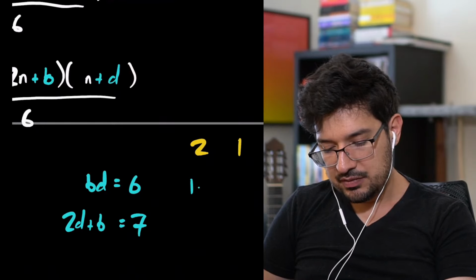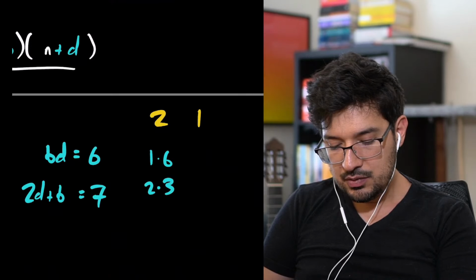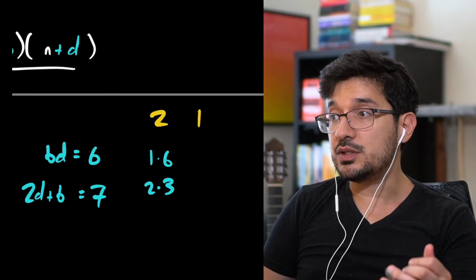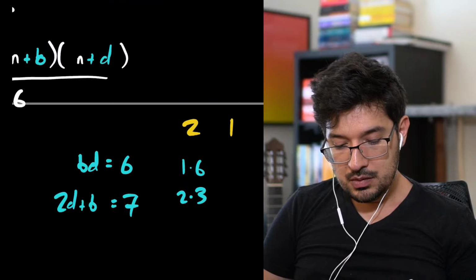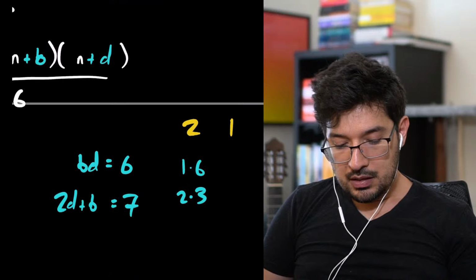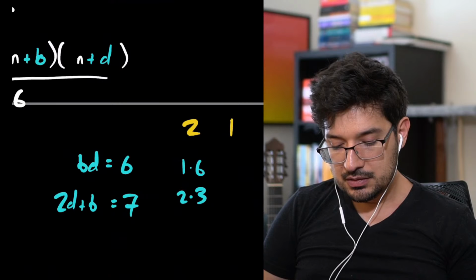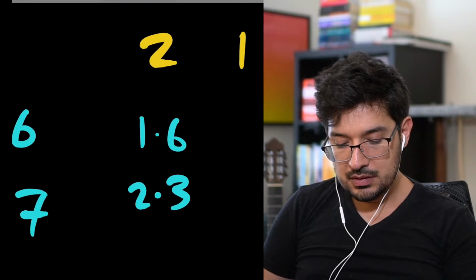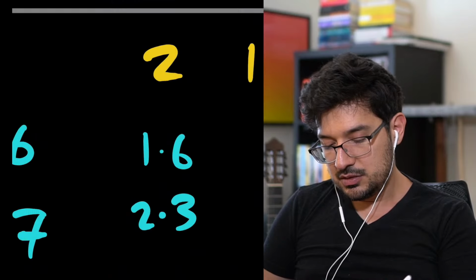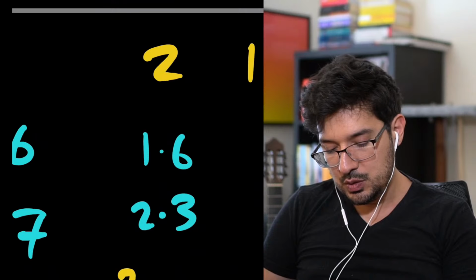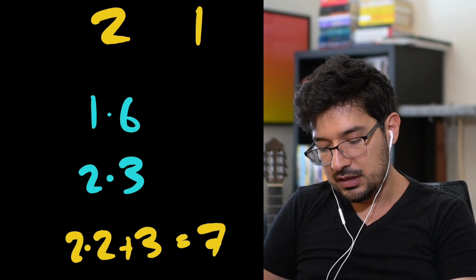So factors of 6. 6 is 1 times 6, and it's also 2 times 3. And those are our only options in positive integers. So from either of those pairings, double plus the other, do either of these work? Yes. 2 times 2 plus 3 is 4 plus 3 is 7.